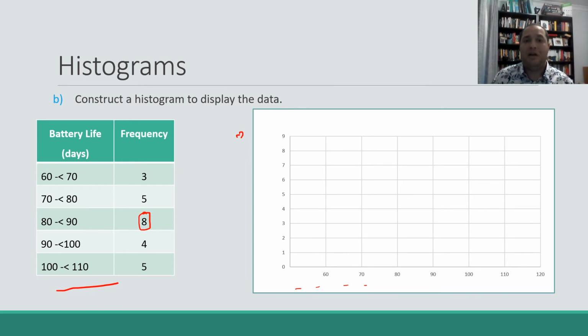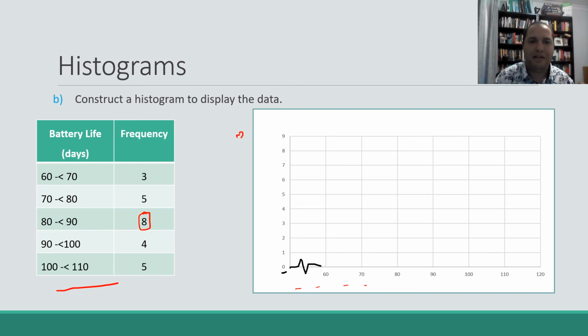Now what we need to do to start off our graph is include this little squiggly line at the start, because according to our graph we should be starting at 0, and from 0 we should be evenly spaced apart. But we've skipped a heap of numbers between 0 and 60. To show we're skipping those numbers, we draw that little squiggly line, because we haven't got any data for them, and having a big empty space on our graph is not helpful.